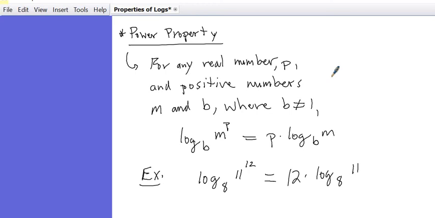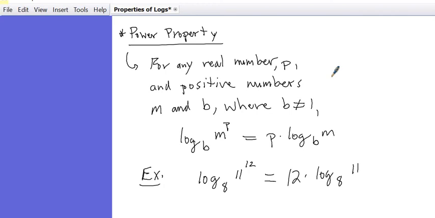So I could do log base 8 of 11 plus log base 8 of 11 plus log base 8 of 11, 12 times. You would never want to do that. Instead, why don't we just say 12 times log base 8 of 11? It becomes exactly the same thing. It just saves you all that time and headache of writing it all out.